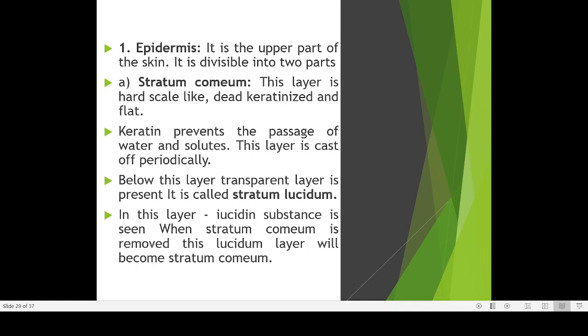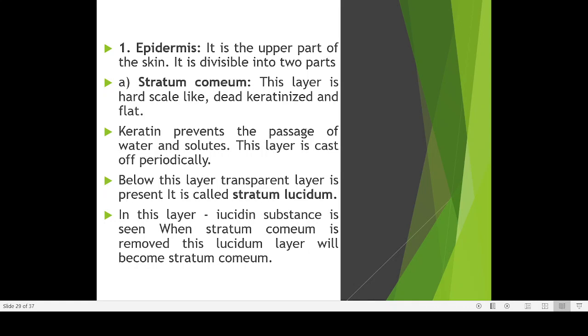So when stratum corneum is removed, this lucidum layer becomes stratum corneum. So below the uppermost layer, we are finding a transparent layer called stratum lucidum, consists of lucidum.